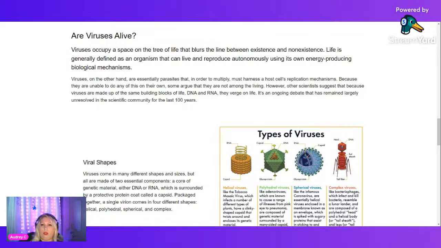In order to multiply, they must harness a host cell's replication mechanisms because they are unable to do any of this on their own. Some argue that they are not among the living. However, other scientists suggest that because viruses are made up of the same building blocks of life, DNA and RNA, they are on the verge of life.